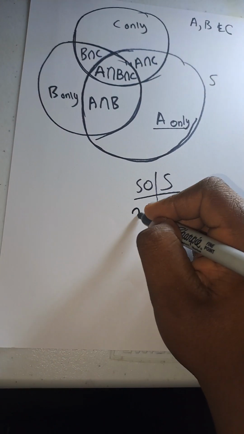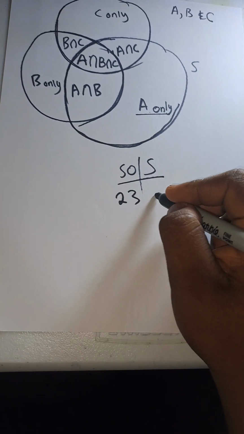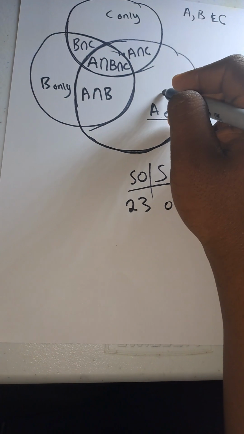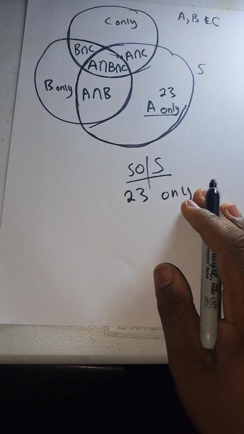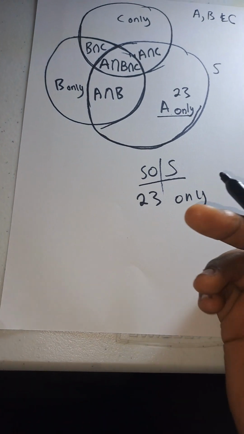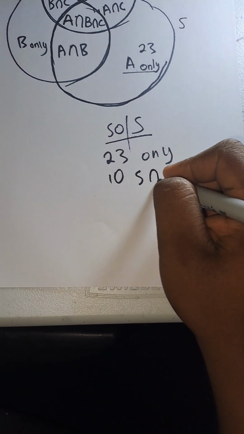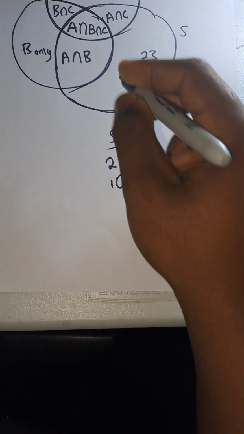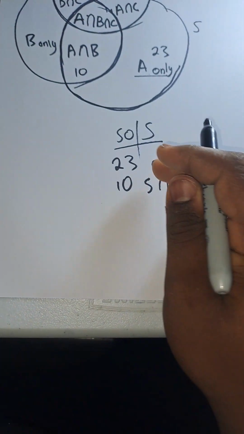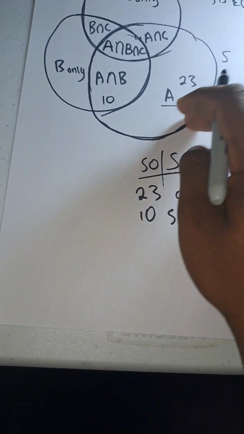Then they will say 23 people like soccer only. Then you have 23 here. But at the same time, they will say maybe 10 people like soccer and rugby. So Lana, you have 10. But remember, this thing must be equal to 50.